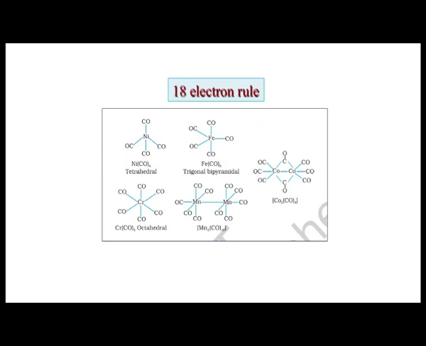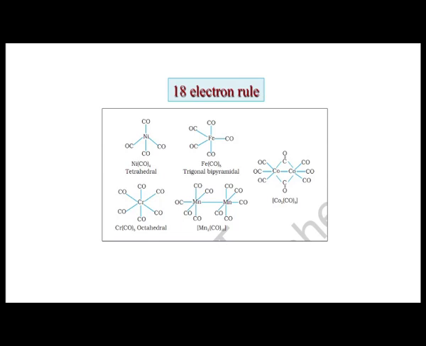So, if M is unknown, and your ligand is carbon monoxide, how many CO we can accommodate around the metal center is easy to decipher by applying this 18 electron rule, whether it is nickel or iron or chromium or a dimeric species.